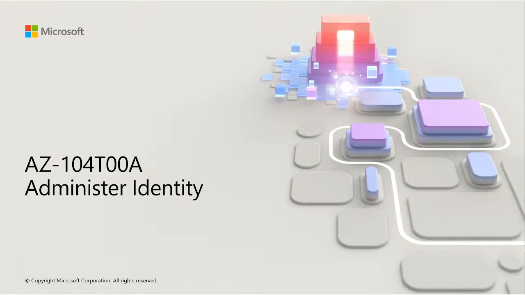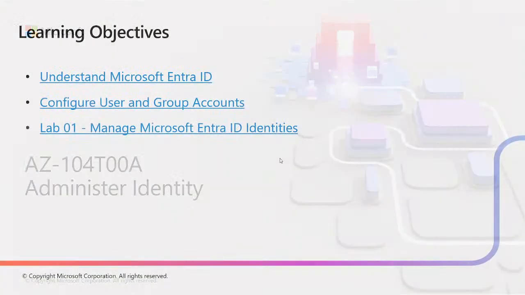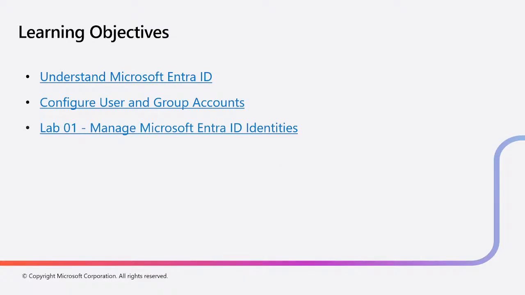So let's start with the first module, which is identity, administer identity. Under this particular module, we are going to be looking at different learning objectives. We talked about the fact that for us to be able to manage the Azure environment, we need to understand the identity object, and also we need to understand resources.